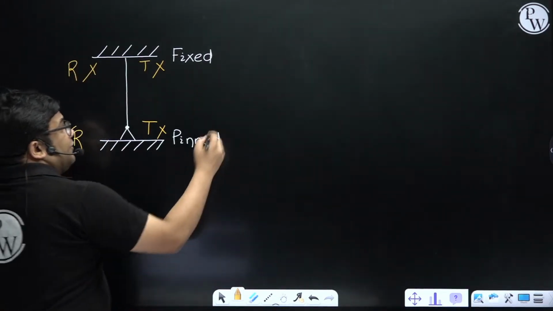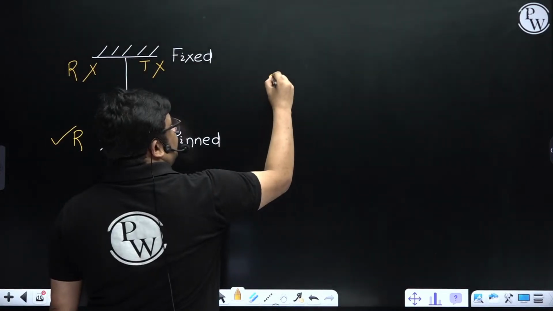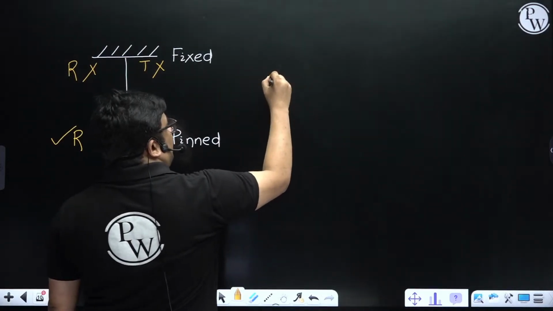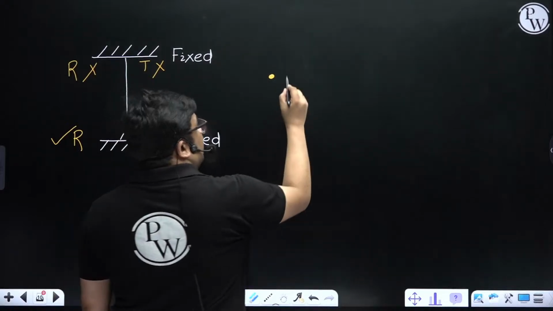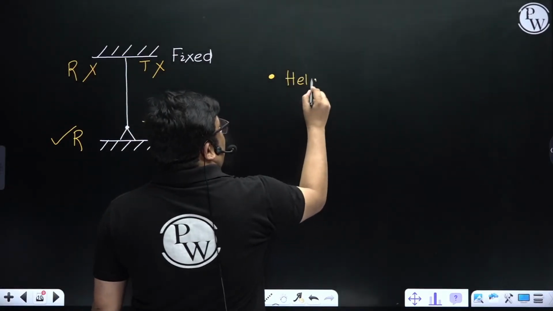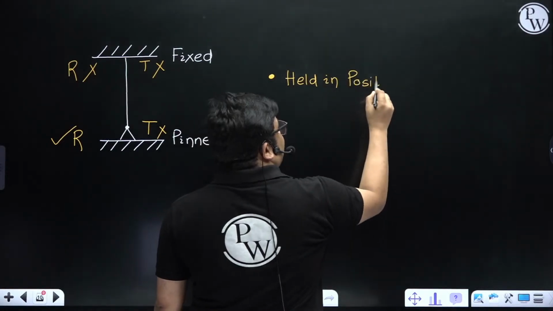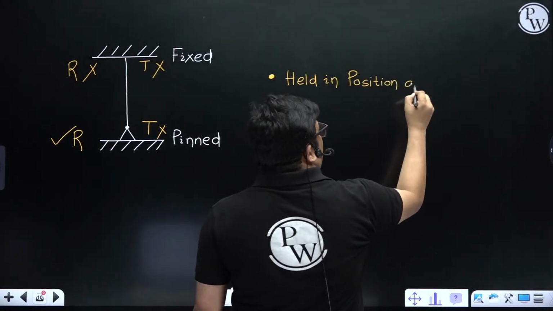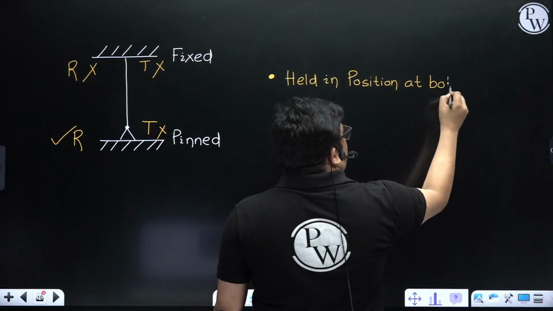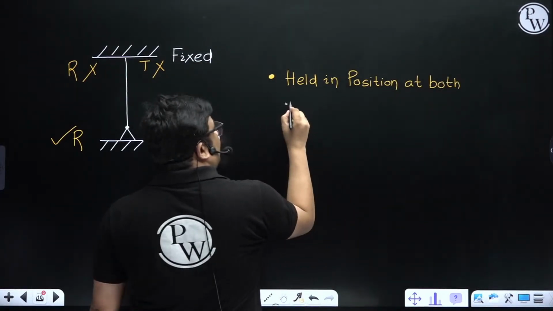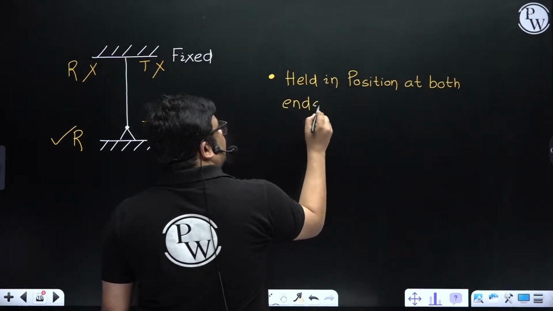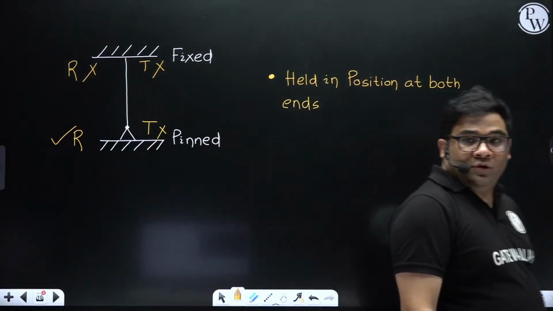So what is the language we can use? Multiple languages we can use. One is held in position at both ends. How?